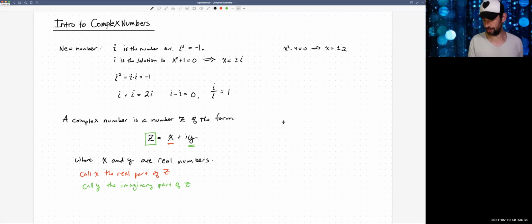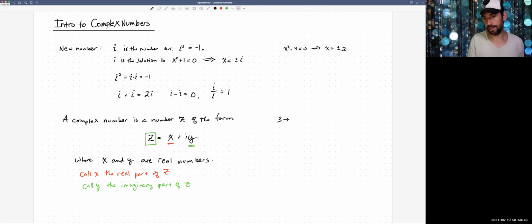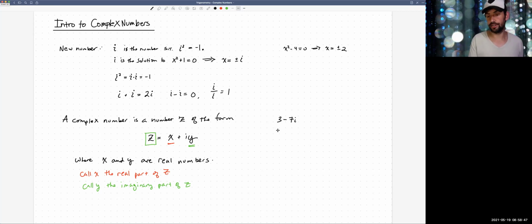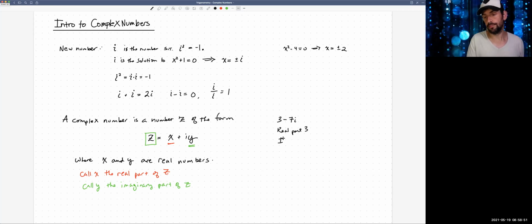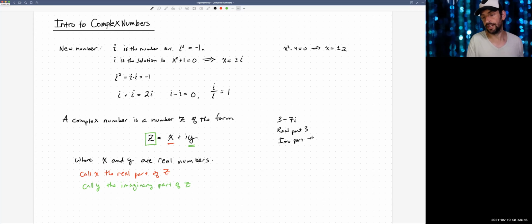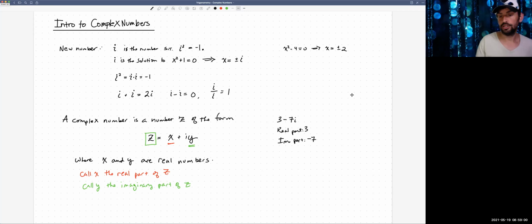I could write the complex number 3 minus 7i, right? So this has the real part 3, the imaginary part -7. Okay.